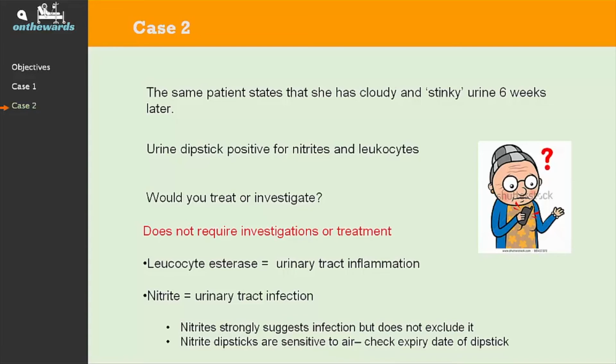Okay. So another point to be aware is that nitrites can be sensitive to air. So a third can give false positive results after 1 week, and 75% can give false positive results after 2 weeks. So always check the expiry date of the dipstick and make sure you store it in the correct way when you use it.